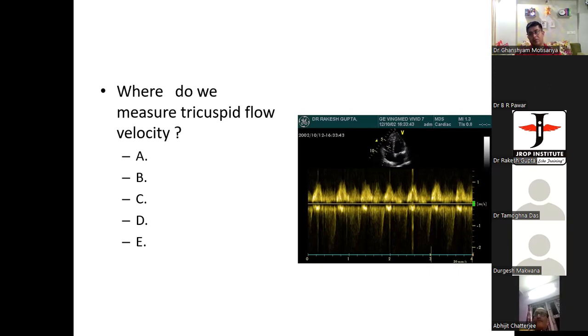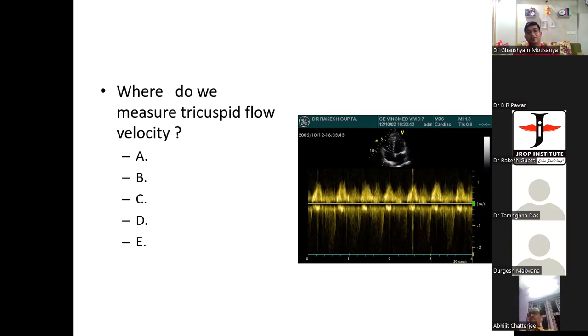He has already given you the answer. So four windows. First is the RVRA inflow view. Second is the short axis view at the aorta. Third is the four chamber view. Fourth is the modified four chamber view. And fifth, right parasternal.